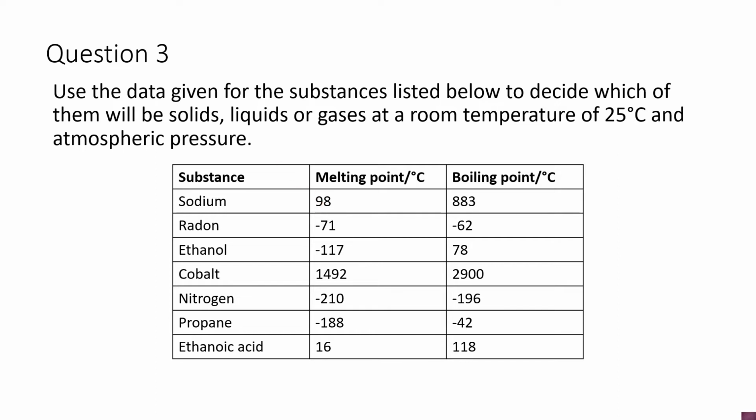So, the main point you have to know when answering this question is, when is the substance a solid, liquid or gas? For example, when is the substance a liquid? Is it after the melting point, or after the boiling point, or before the melting point, or before the boiling point? That is a key idea you have to remember.